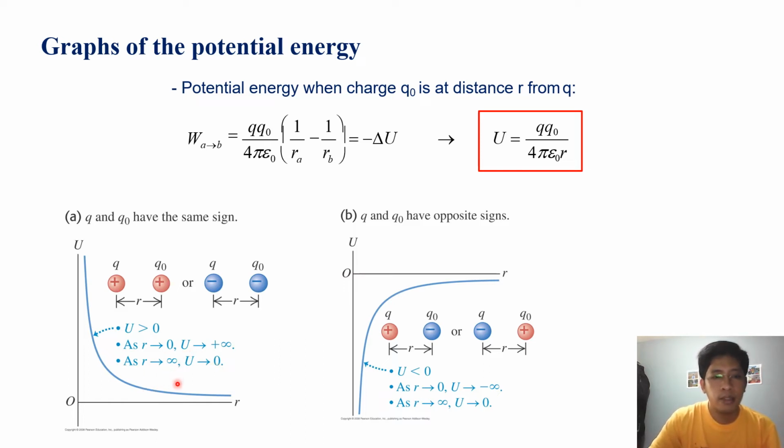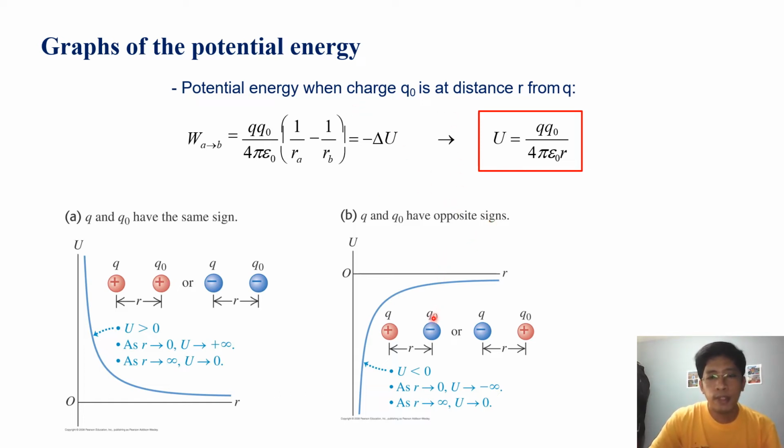And as r approaches infinity, that is, if the distance between these two becomes very, very far, that means that these two charges become very far apart, then the potential approaches zero, as you can see here. If r becomes bigger, this potential energy approaches zero. That is, they no longer experience the potential energy that is created by both charges.